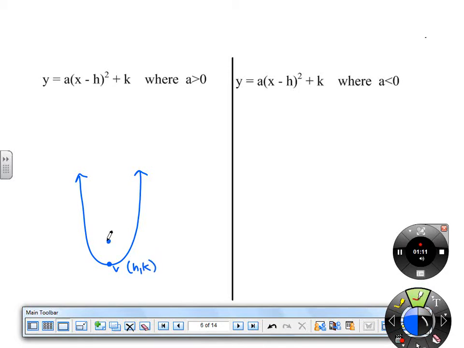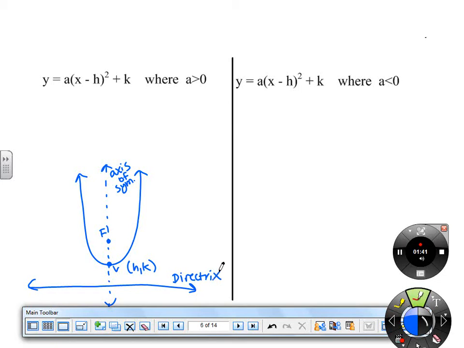Within the parabola somewhere is our focus. Our axis of symmetry runs through the focus and the vertex. And our directrix then is going to be below the vertex, the same distance away that the focus is.